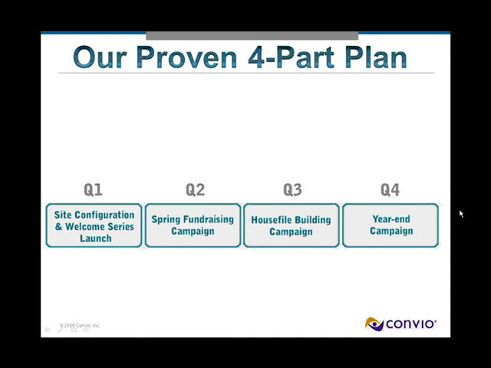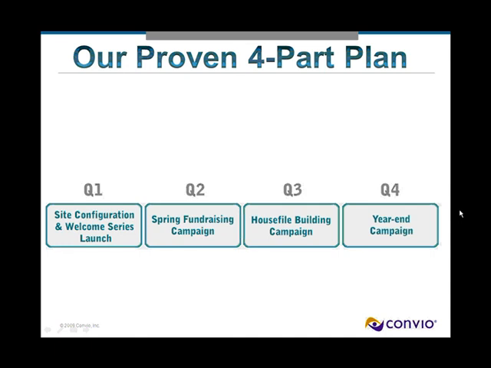We break it down into, initially in the first quarter, getting those fundamentals set up and in place on your existing website, launching a welcome series. We'll talk a little bit about that later on. And then we transition into a fundraising campaign, and from there, working on a house file building campaign and wrapping it up with a year-end fundraising campaign.